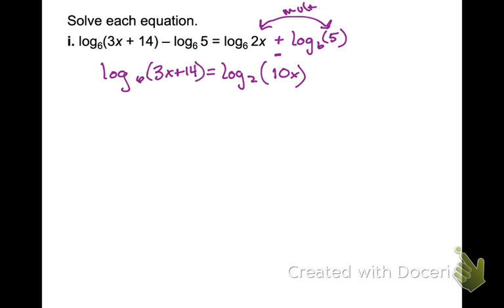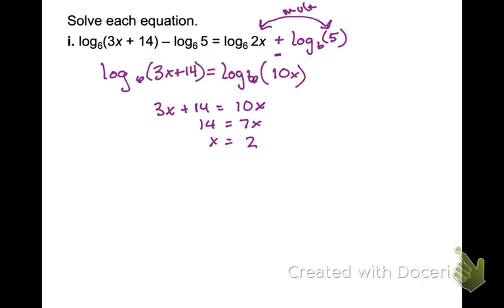Now what? Yes, because if it was log base 2, could I do anything else? No. So I would have 3x plus 14 equals 10x. So 14 equals 7x. So x equals 2.